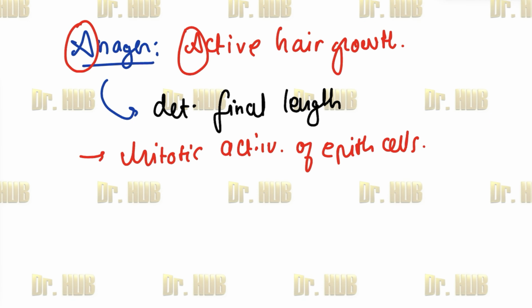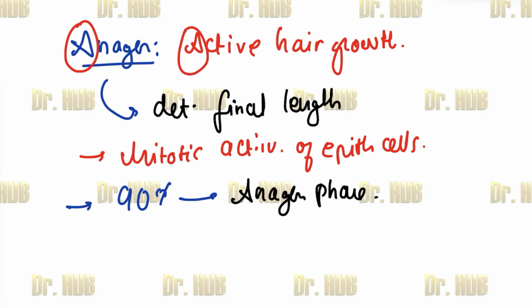Under normal circumstances, 80 to 90% of the hair follicles are in the anagen phase. So about 90% falls under the anagen phase, and it continues for several years.